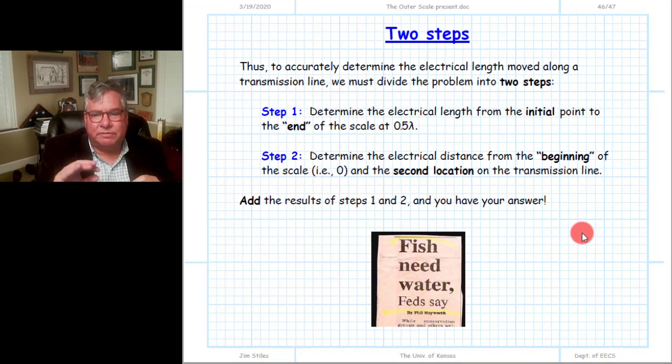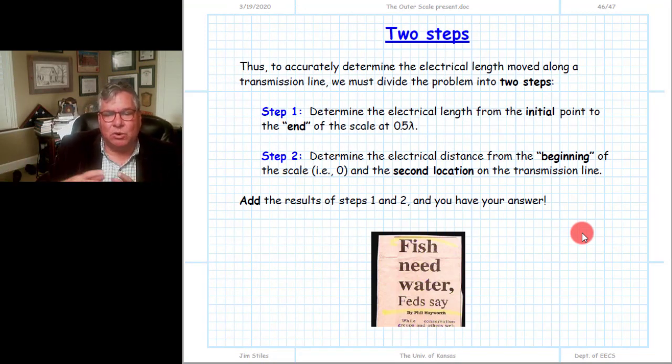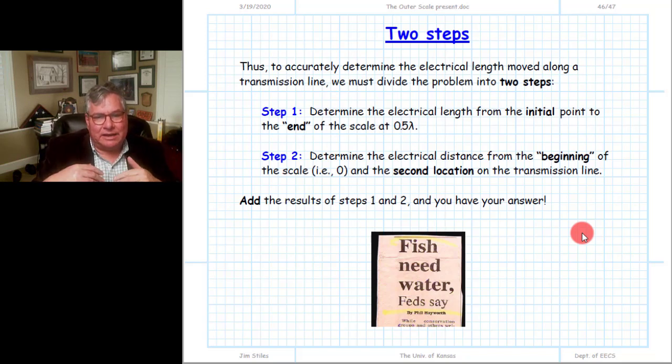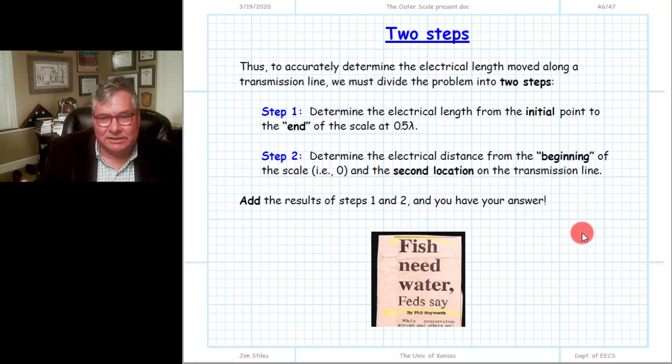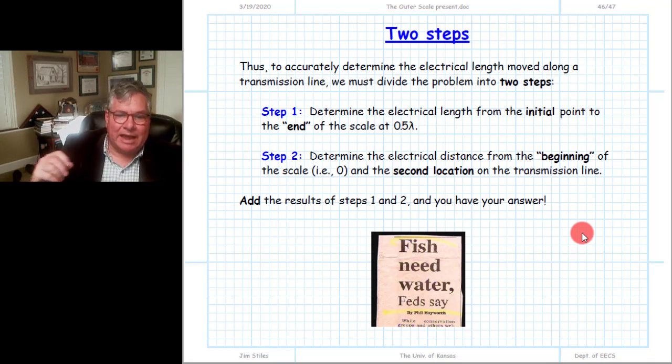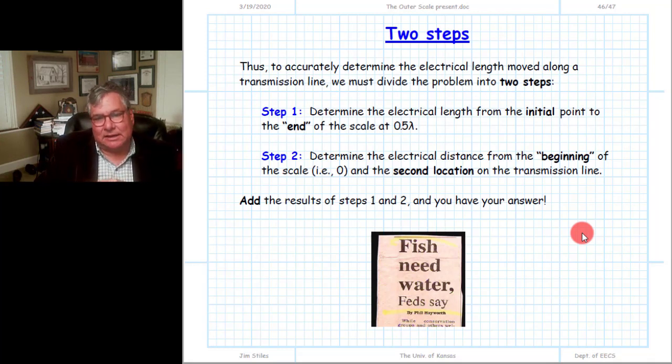So as we move down the transmission line toward the load, the index z is increasing, and therefore we are rotating in a direction which is counterclockwise. Again, once we get to that boundary, as our index in wavelengths toward the load gets to 0.5, it transitions to 0, and therefore we need to break it into two steps.